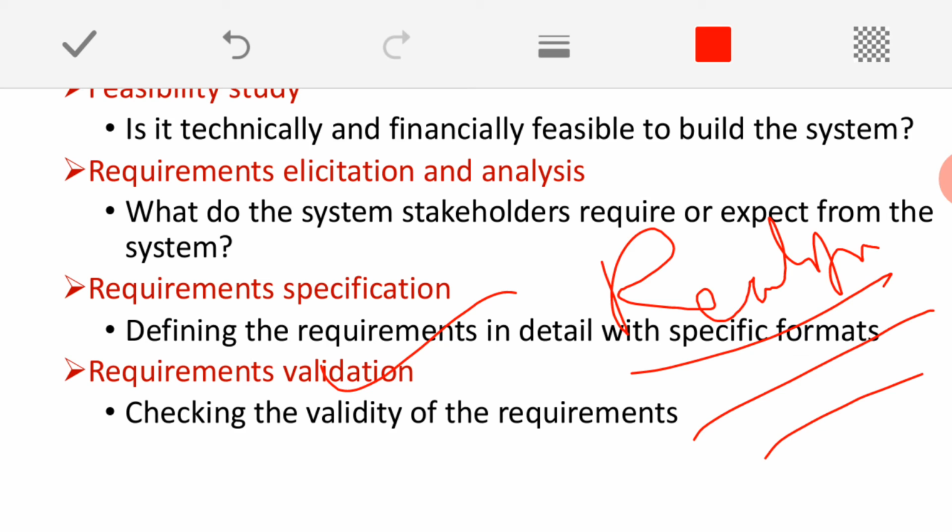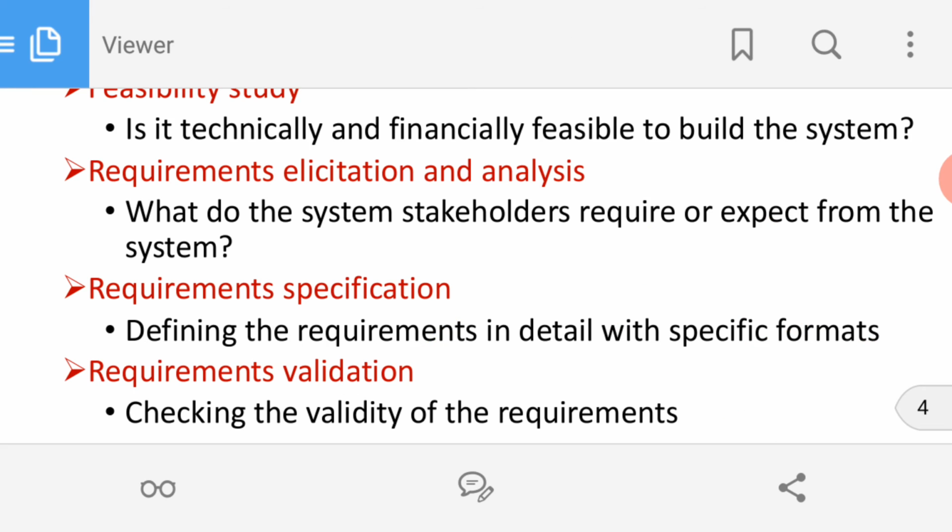Then the last one is completeness. Always remember the requirement should be defined completely. There should not be any confusion for the developers. For example, say I am developing some security software. In that I mention: if something goes wrong, the end user should be given some sort of intimation. The requirement is not completely defined here.